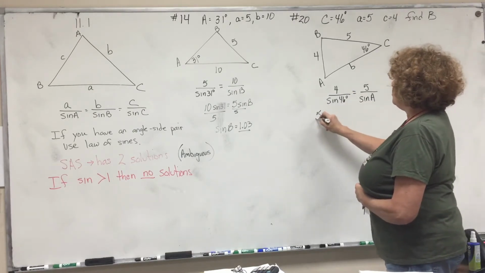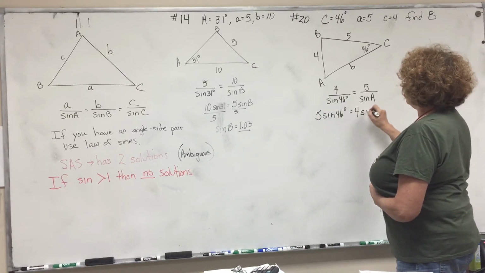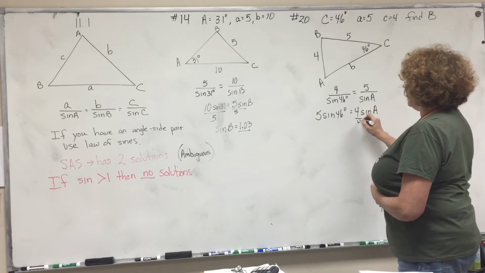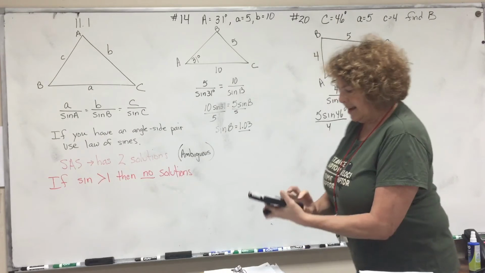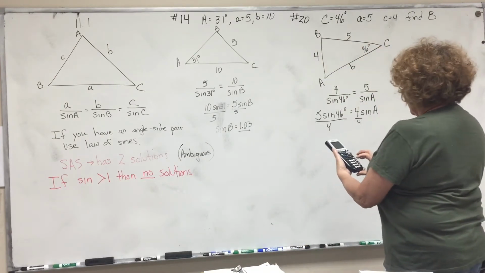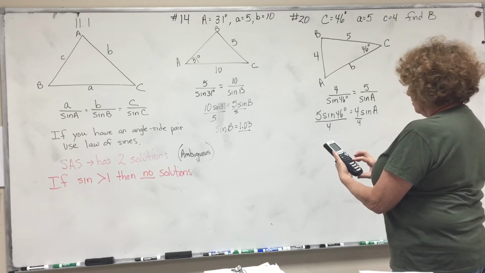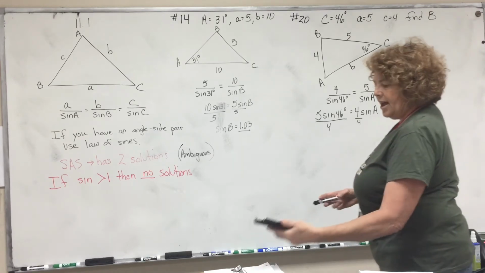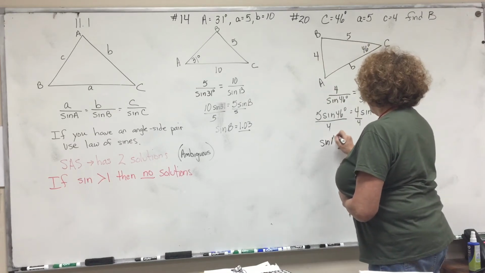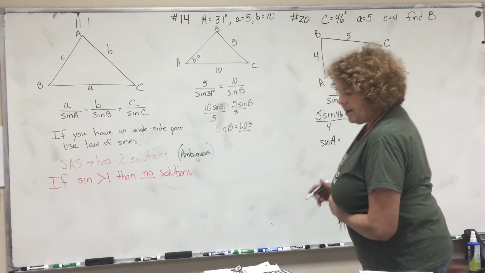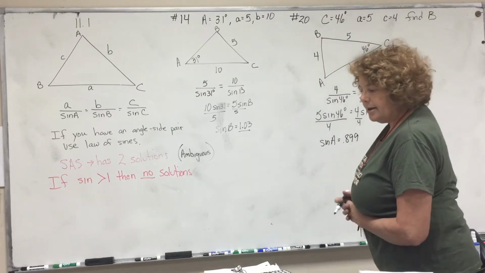So we cross multiply: 5 times the sine of 46 equals 4 times the sine of A. If we divide both sides by 4, we get the sine of A is 0.899. Excuse what I say, as long as I write the correct thing.